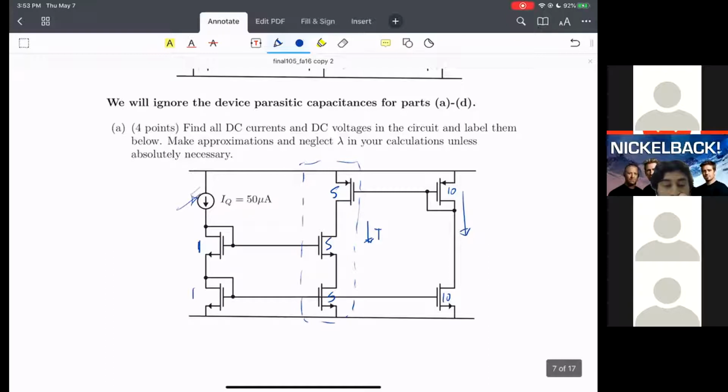So the current through this is going to be 250 microamps, and this is going to be equal to 500 microamps. So we've already defined all the currents. Now we need to talk about the voltages. So let's call this V1, we can call this V2, V3, V4, V5, and then V6.